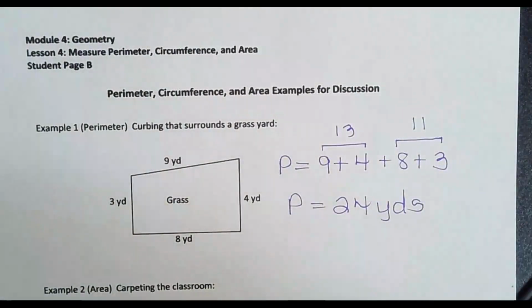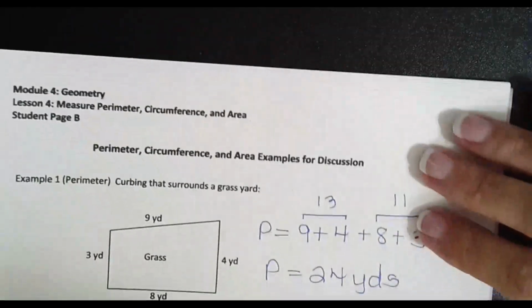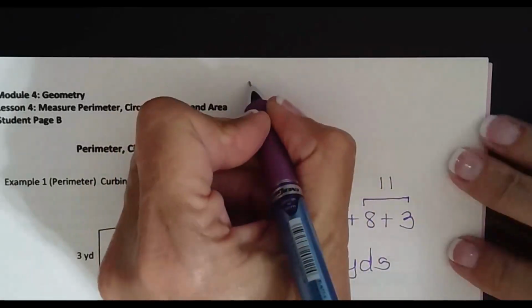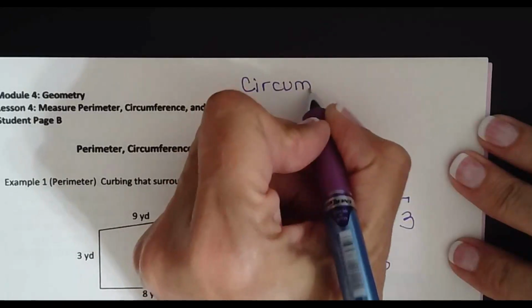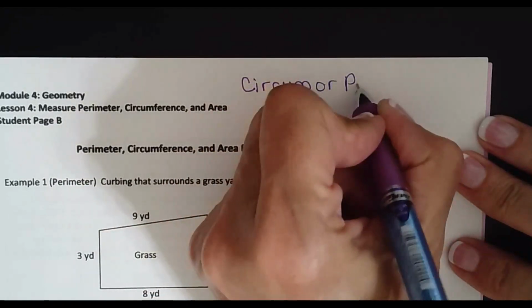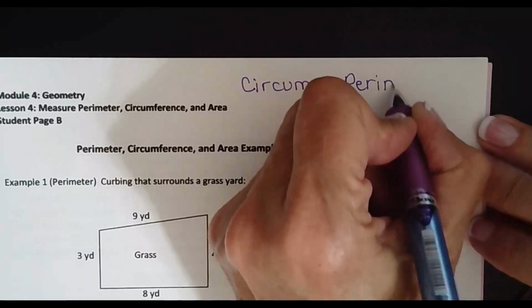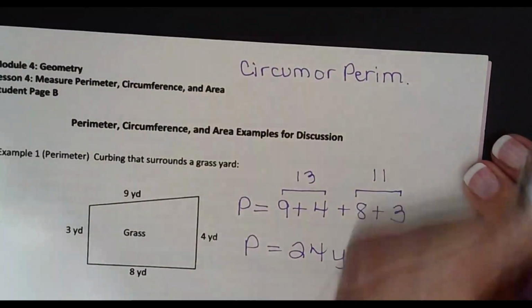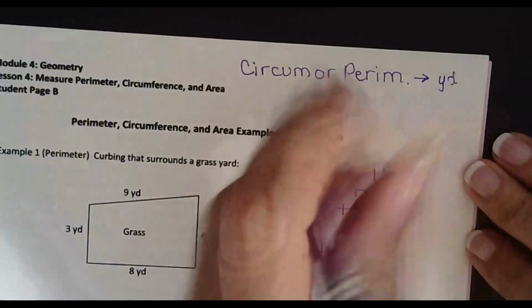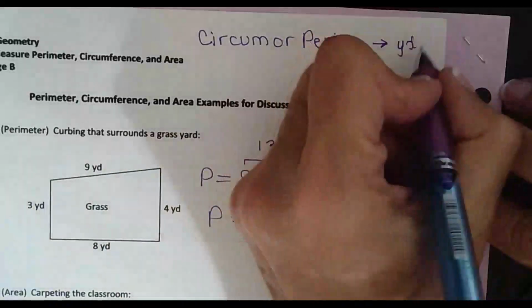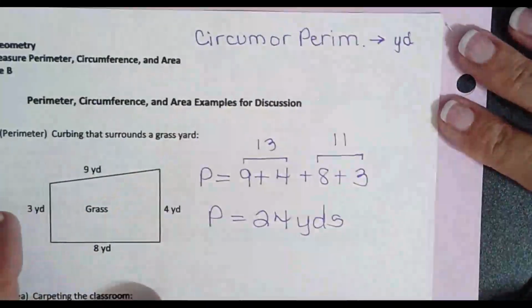And I always like to tell students about the units at this step of the game. So when you're doing circumference or perimeter, and I'm just abbreviating there, the units are just what they are: yards, inches, feet, and so on.